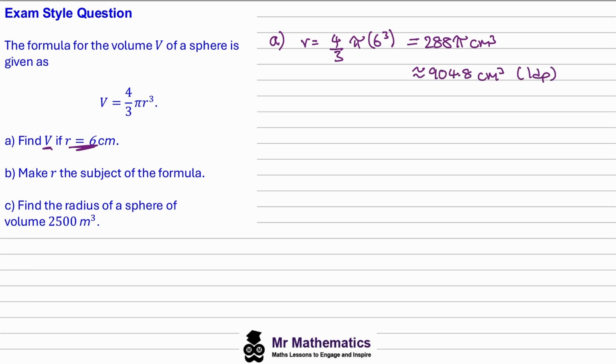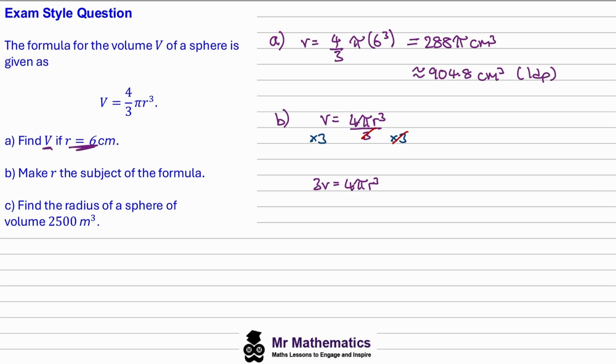And then for part B, make R the subject of the formula. So with V is equal to 4 pi R cubed over 3, and I'm going to write this numerator all over 3. Then we can multiply both sides by the 3. These two will cancel. So we've got 3V will equal 4 pi R cubed.